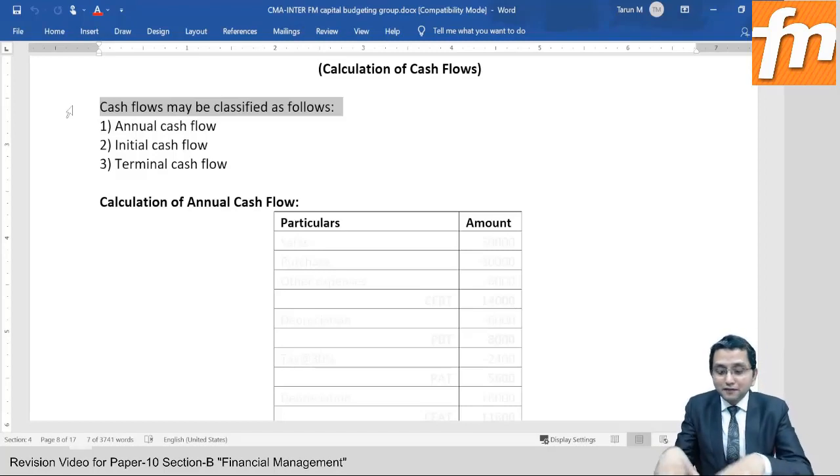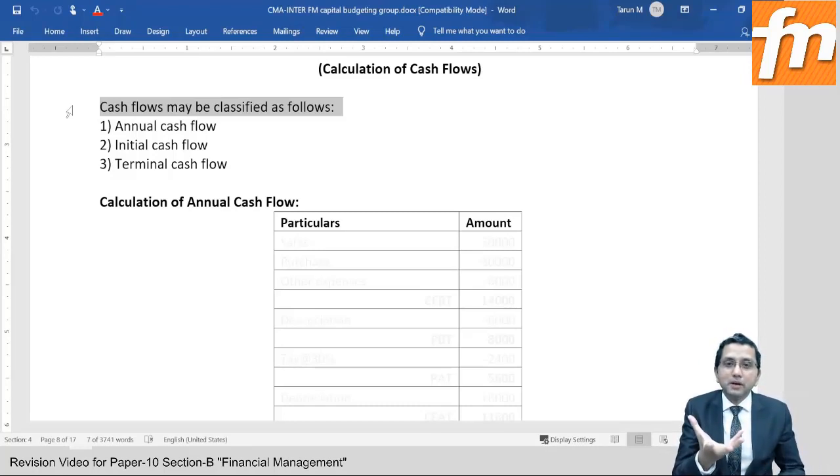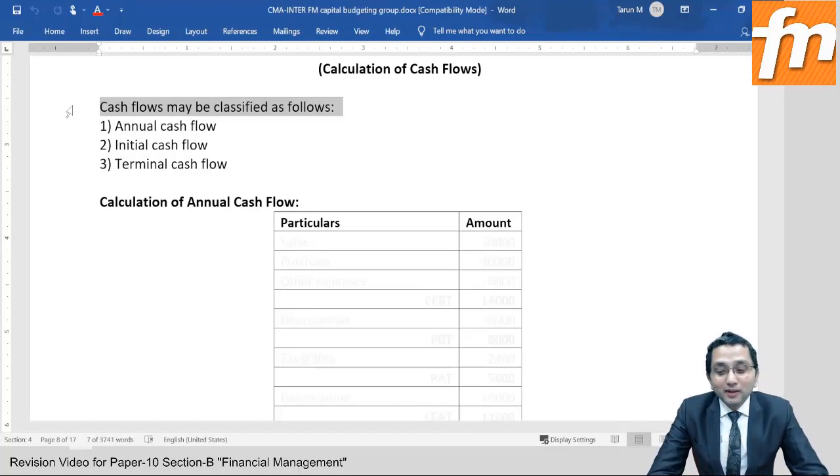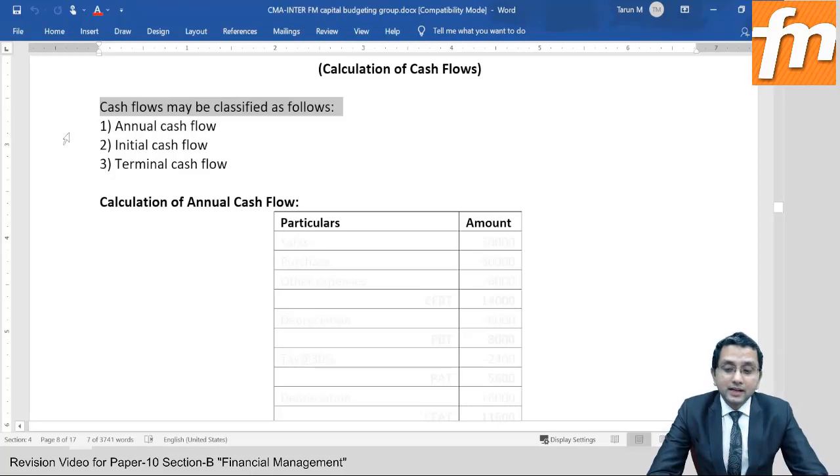Your food is classified into various categories. It is not that you take a big bowl, pour everything into it, mix it up and start eating. So, for convenience and better understanding, all the cash flows may be classified into annual cash flows, initial cash flows, and terminal cash flow.